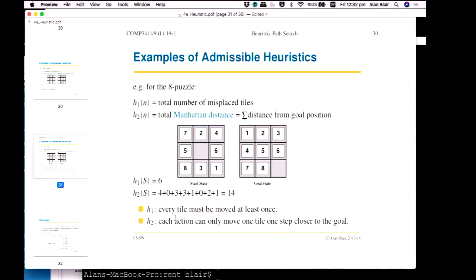The Manhattan distance says, let's assume you're allowed to slide one tile over the top of another tile. You're not normally allowed to do that, but let's pretend we are. Then it would take me 14 moves to solve the puzzle. This one is even more relaxed: let's imagine I could just pick up a tile and move it anywhere I want in one move. Then it would take me 6 moves.